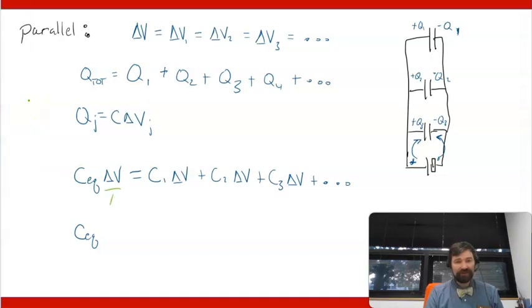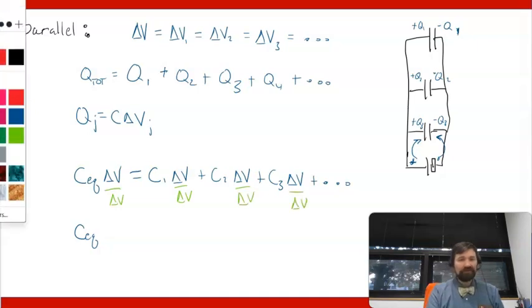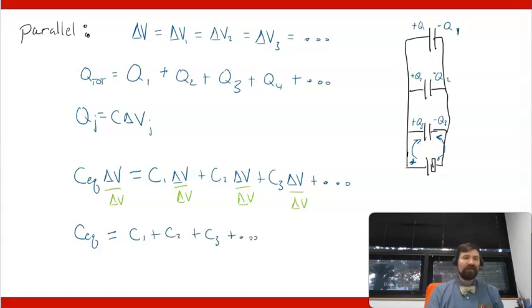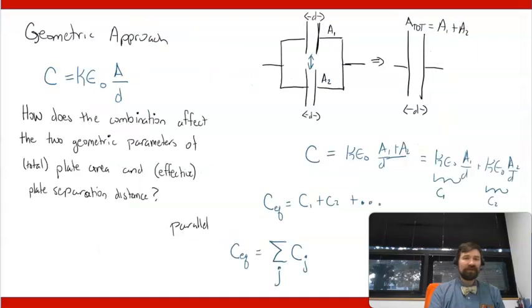And so what I end up getting is C equivalent is C1 plus C2 plus C3 plus etc. Again, same result that I got in the geometric approach for the parallel case.